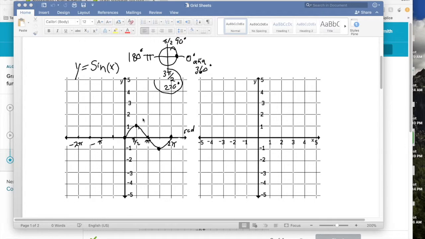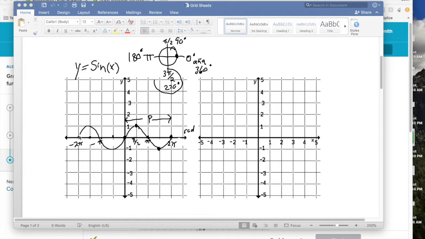So this is the explanation of why the period of the regular old sine function is 2 pi. This is what it takes to get from the beginning to the completion of one cycle of the sine function. Now, if we went backwards, we'd find all this would happen all over again.